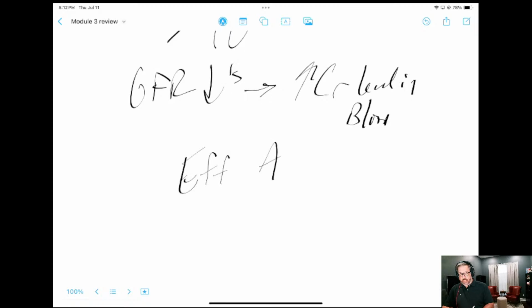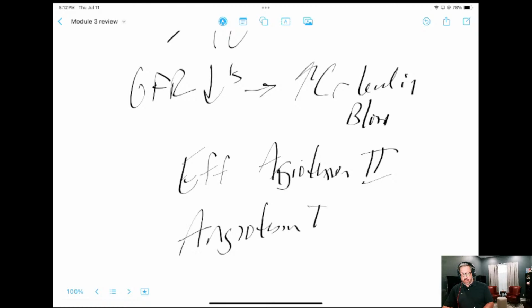On the efferents, it's angiotensin 2. In order to make angiotensin 2, you need angiotensin 1 to go to angiotensin 2. This is done by an enzyme, angiotensin converting enzyme.